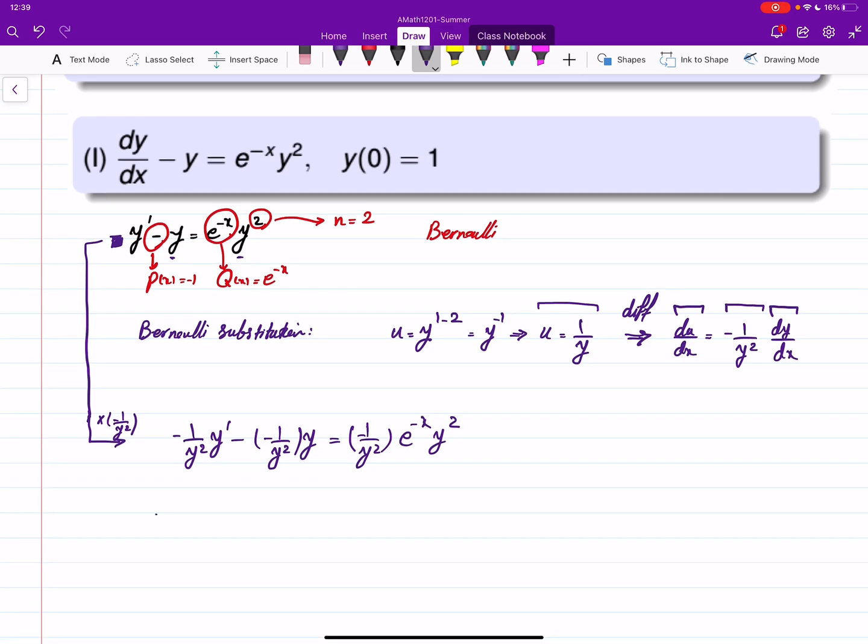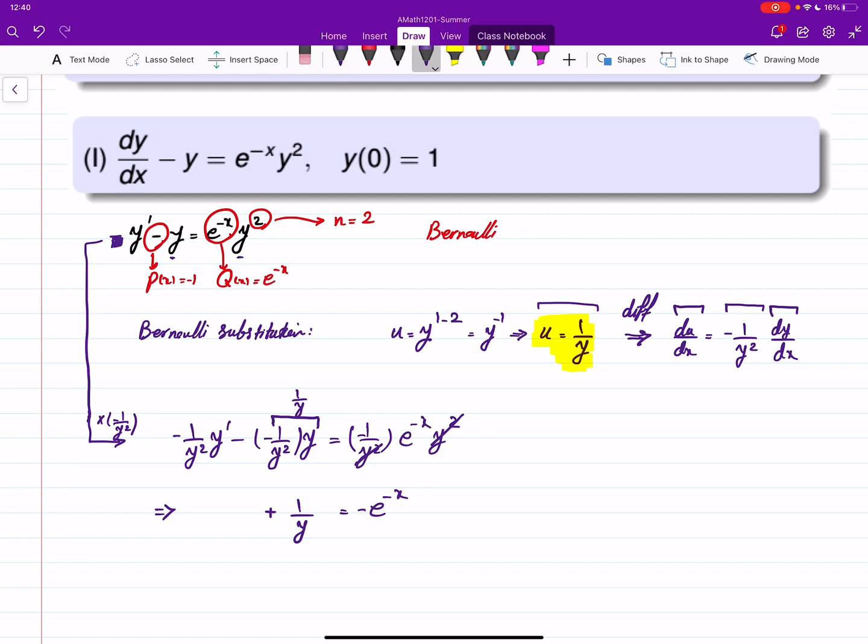You see, this is the magic of the Bernoulli substitution. On the right hand side, all the terms in y cancel out; there won't be any y left. On the left hand side, y over y squared is 1 over y, and there's this minus. I know what this is: look at our substitution, 1 over y is u.